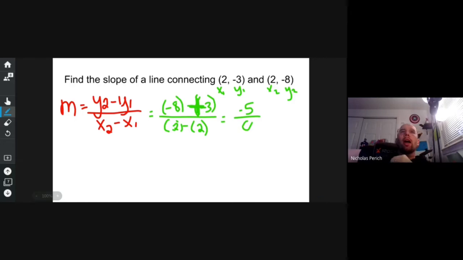But never, ever are you allowed to put an answer with 0 being the denominator. If you do that, boy, oh boy, well, I will be just so angry at you. So whenever 0 is on the bottom, you say undefined.